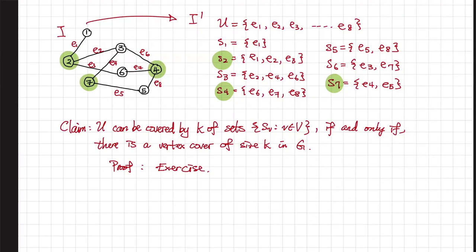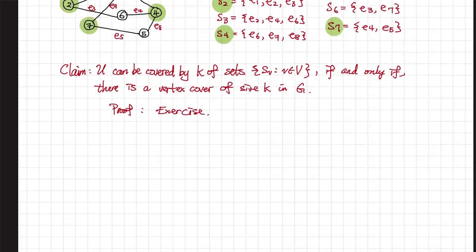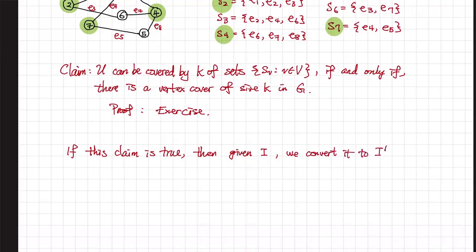Okay, and then let's assume this claim is true. Then, given the input I, that's the input for the vertex cover, we can convert it to I prime, or convert it to the set cover problem.